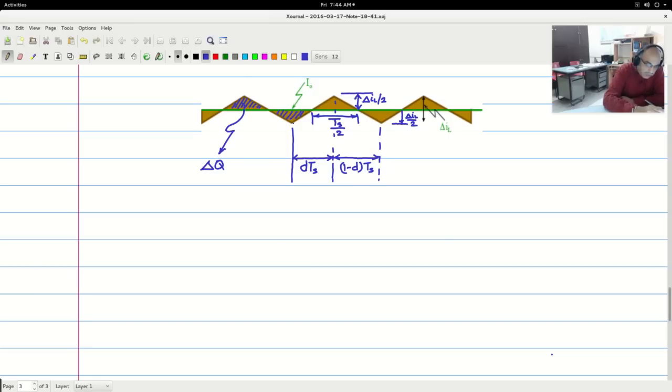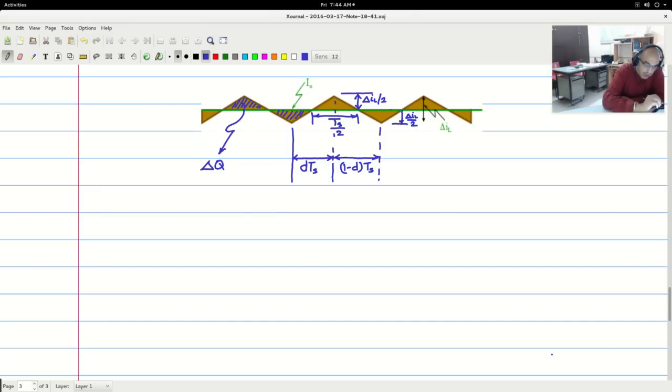So going from minus delta IL by 2 to plus delta IL by 2, and this is a straight line. The midpoint, which is at 0 in the case of the capacitor, will be half the distance. Likewise, coming down, the midpoint will be half the distance in time, and therefore this will be Ts by 2.